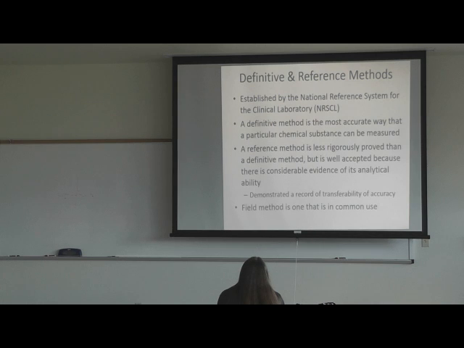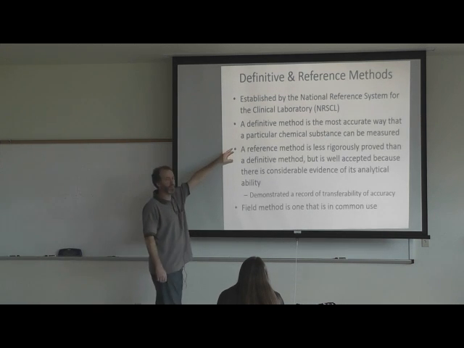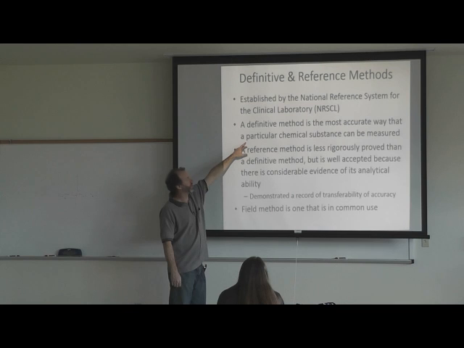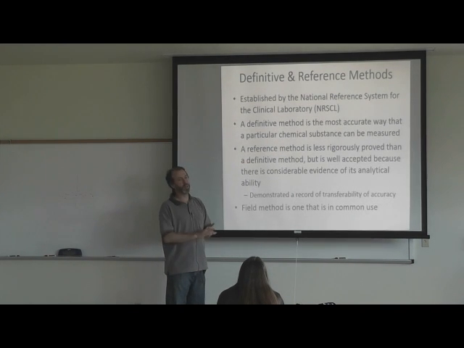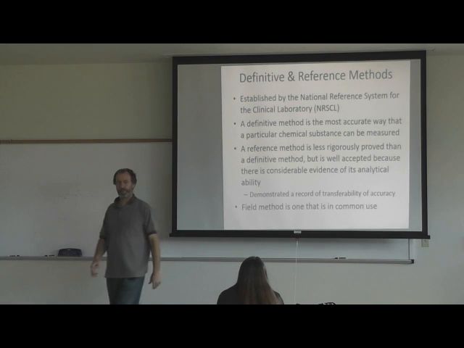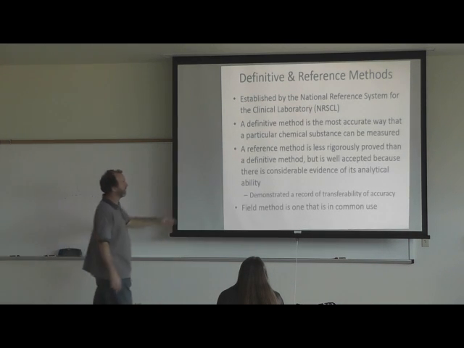So definitive and reference methods. Established by the National Reference System for Clinical Laboratory. Definitive method, if you guys remember, is the most accurate way that a particular chemical substance can be measured. So if there's definitive methods, a lot of times it's like HPLC, MS, things like that.